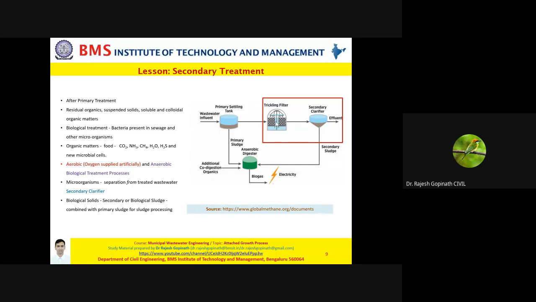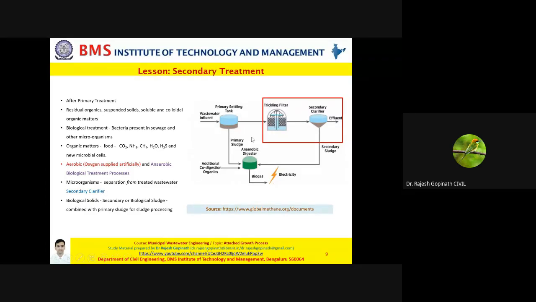But secondary treatment, my dear friends, is not restricted just to these components. There is always one more component associated, and that is your secondary clarifier. In simple words, a sedimentation tank.